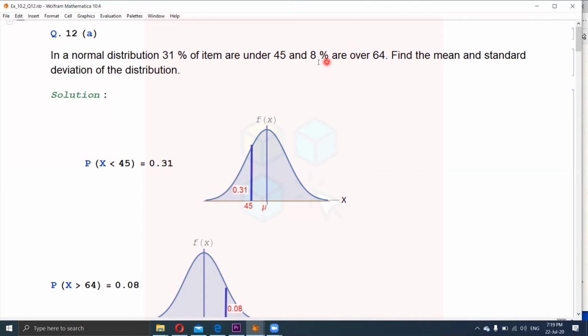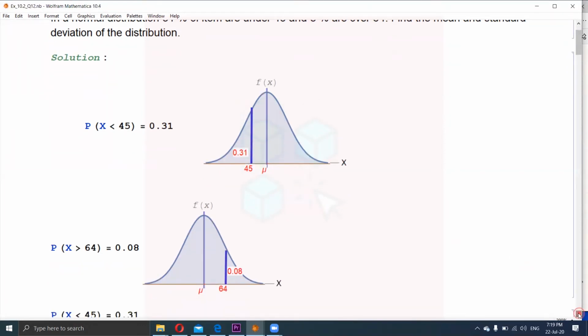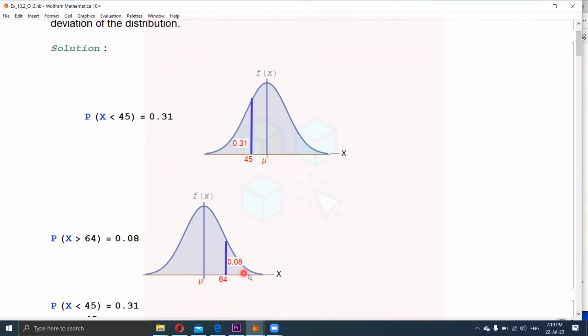The other is 8% are over 64. So in another figure 64 is on the right tail because only 8% area is above this point. So 0.08 is written on the right tail. From these two we have probability x less than 45 is equal to 0.31 and probability x greater than 64 is equal to 0.08.